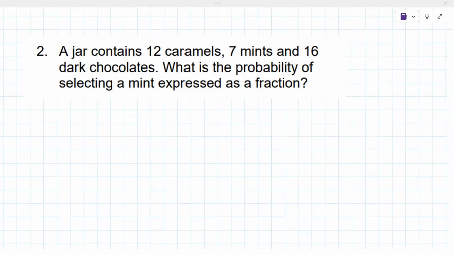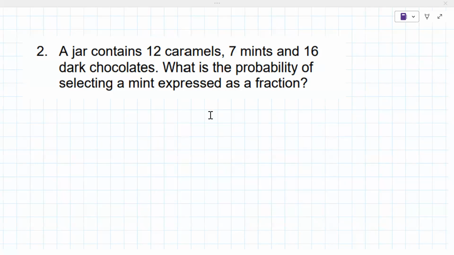Mint as a fraction. So you have 45 mints and wait. 35, 7 is 1/4.